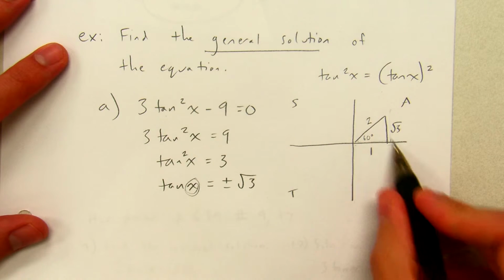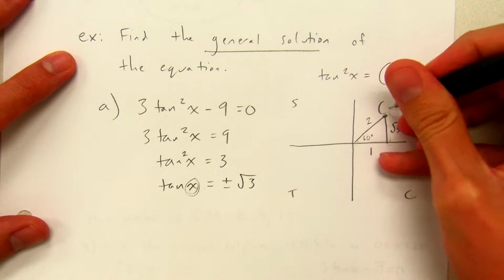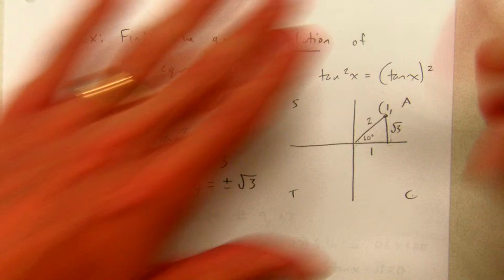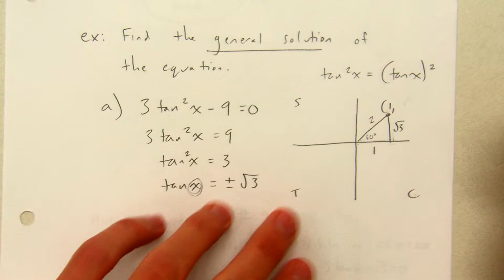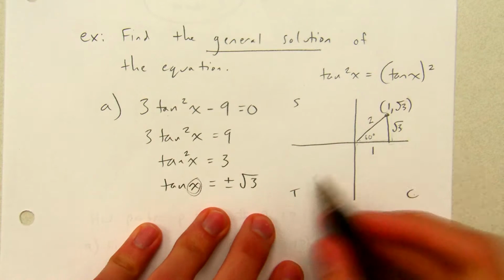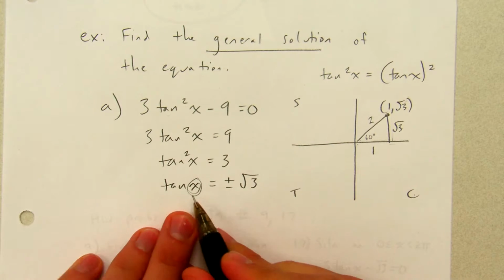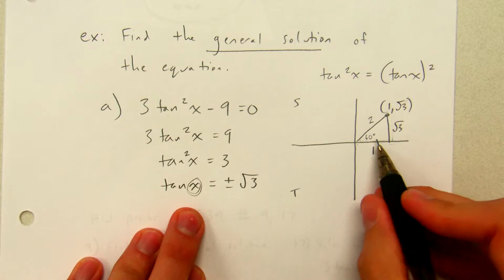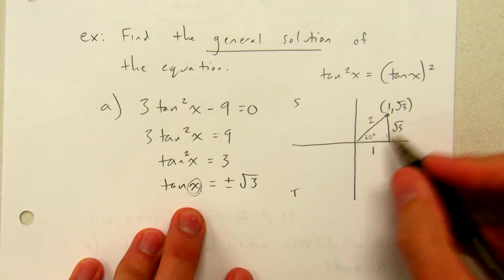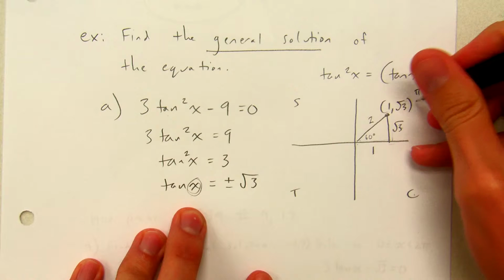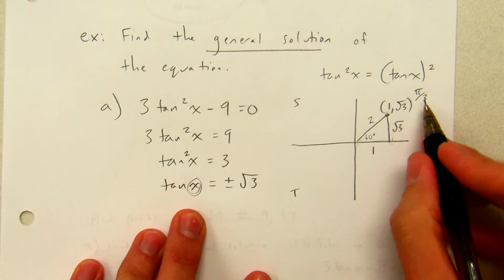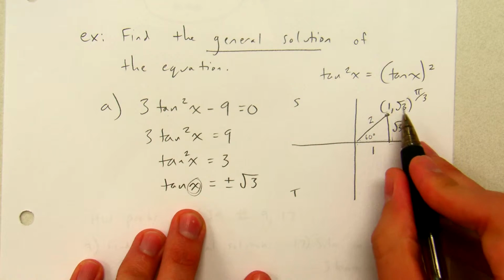The point is 1 comma root 3. Tangent is y over x, so tangent of 60 degrees, and remember we're giving our answer in radians, so 60 degrees is pi over 3. Tangent of pi over 3 is y over x, that's root 3.